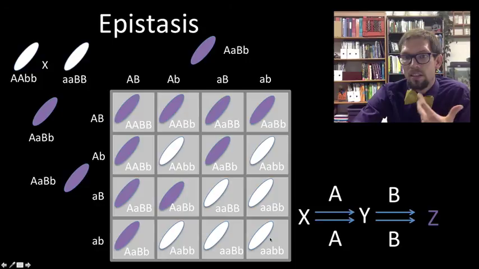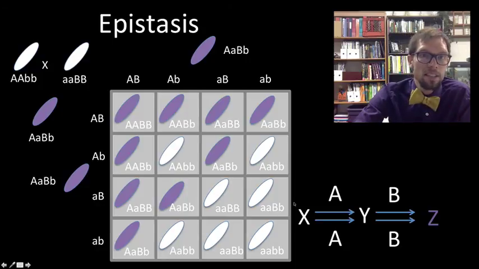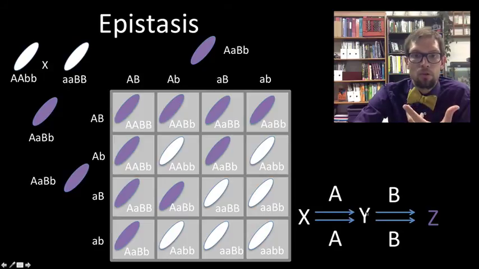So how this is working, let's say this is a biochemical pathway, and you have X being expressed. X can be converted to Y, and Y can be converted to Z. Now X and Y are both white products. Z is a purple product that gives you its purple color.